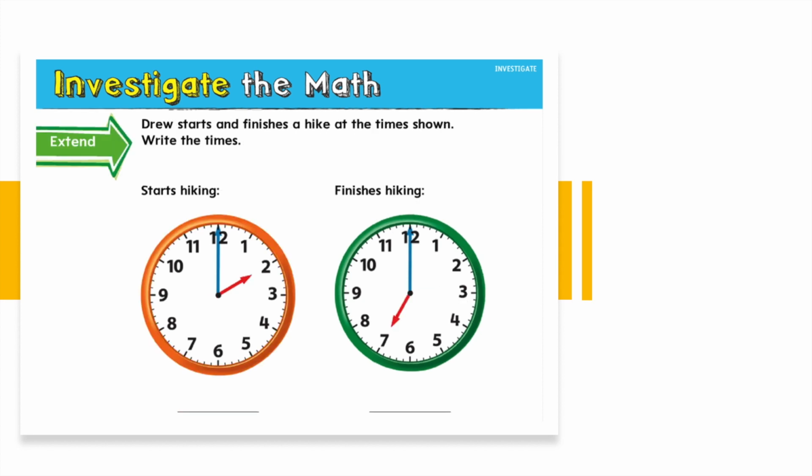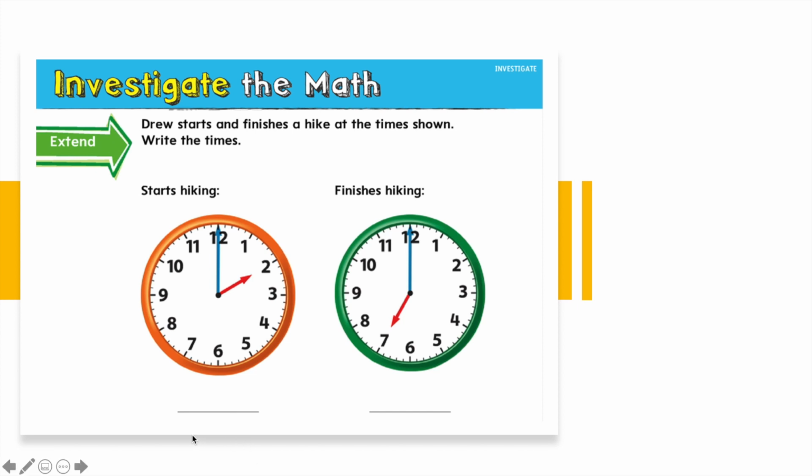Let's look at these clocks. Drew starts and finishes a hike at the times shown. Write the times. Let's look at the orange clock first. Where is the hour hand pointing? To the 2. Where is the minute hand pointing, or the blue hand?